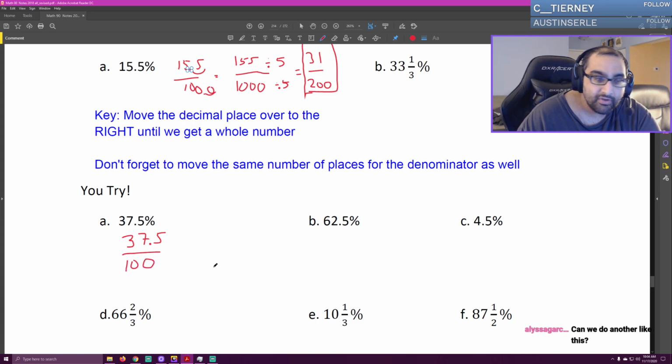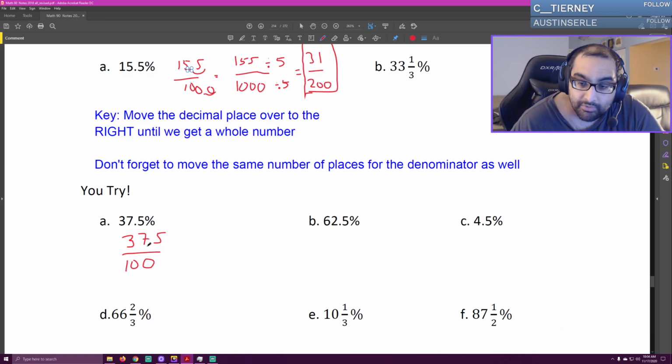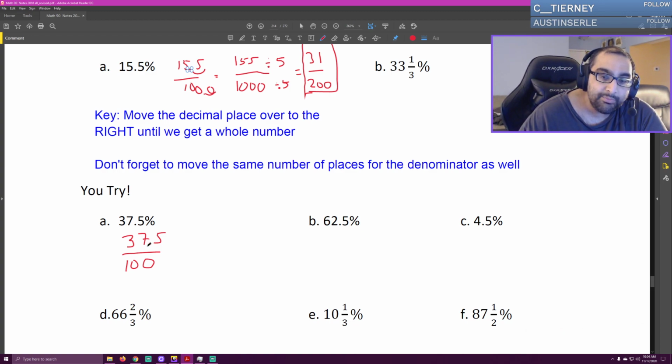Okay? Now, what do we do next here, Alyssa? What do you think I should do here for this top number? I want to make this a whole number, right? So how many places to the right am I going to move to make this top number, this numerator, be a whole number?